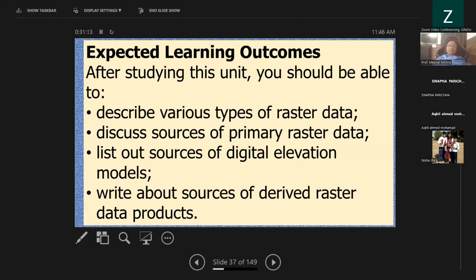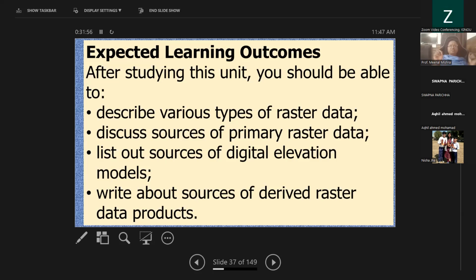Now about the learning outcomes. Whenever you sit with a unit, don't start reading before going through these learning outcomes. Pedagogically, these units are designed by IGNOU, and a lot of research has been done on this over the last so many decades. When a learner is studying by him or herself, there is no teacher in a class who tells you, today we will read this.